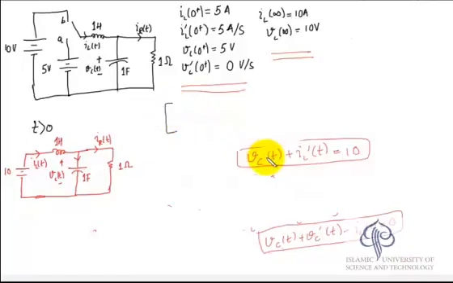The first equation is 1, P. The second equation is P plus 1, minus 1, where P is the differential operator, multiplying v_C(t) and i_L(t), is equal to, sorry, not 0, is equal to 10, 0.